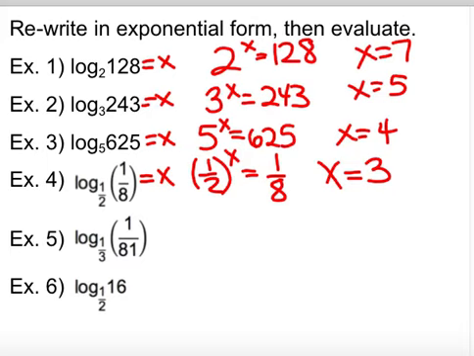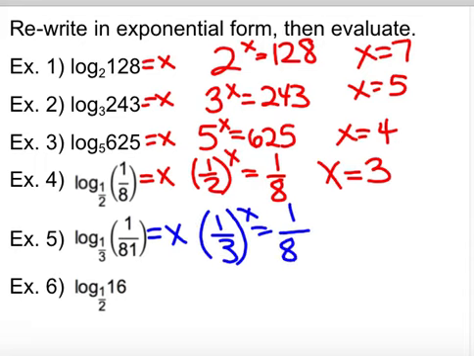I'm going to set this equal to x, and I'm going to say 1/3 to the what is 1/81. So again, I'm going from fraction to fraction. 81's bigger than 3, so I'm just simply looking at my pink sheet and saying 3 to the what is 81.